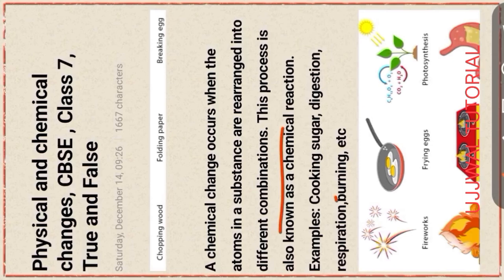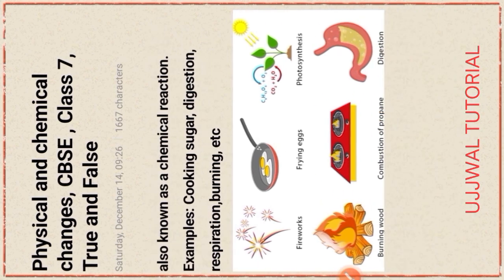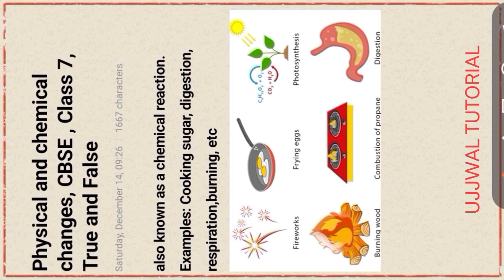For example, cooking sugar, digestion, respiration, burning, etc. For examples of chemical change, see the pictures: firework, that is the bursting example of chemical change, frying egg, photosynthesis, that is the example of chemical change in plants, burning of oats, combustion, that is the combustion of propane, digestion. All are chemical, irreversible changes.